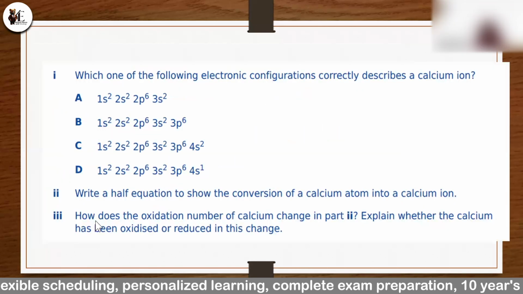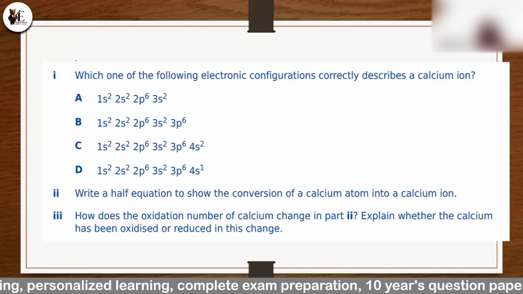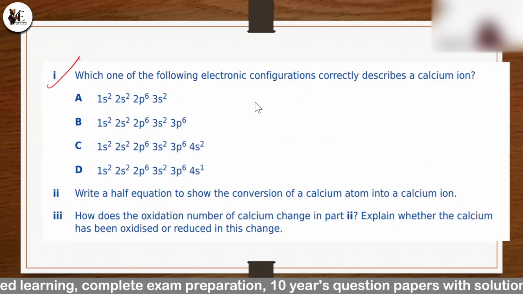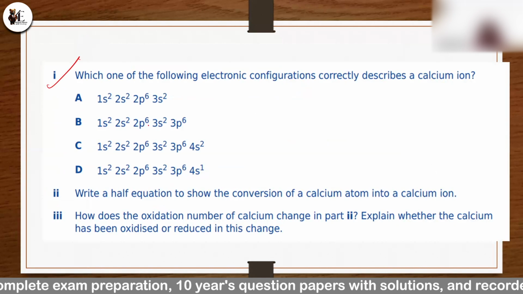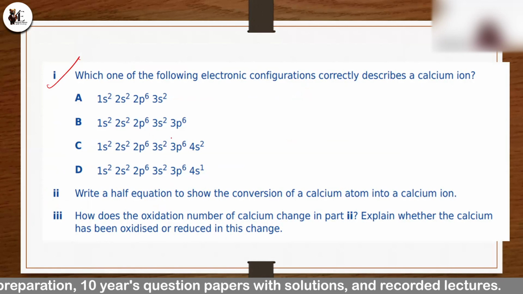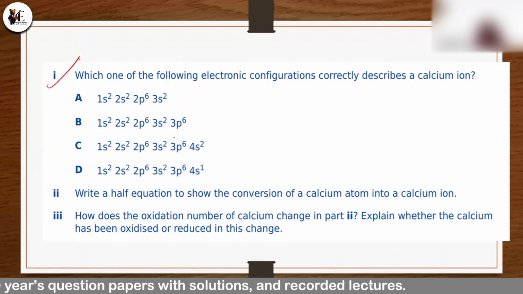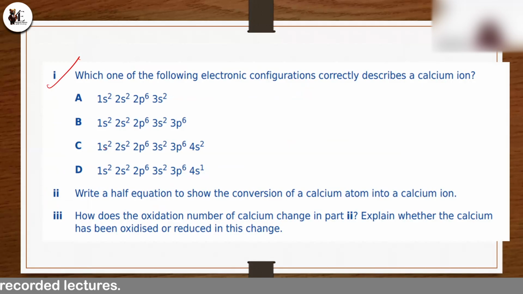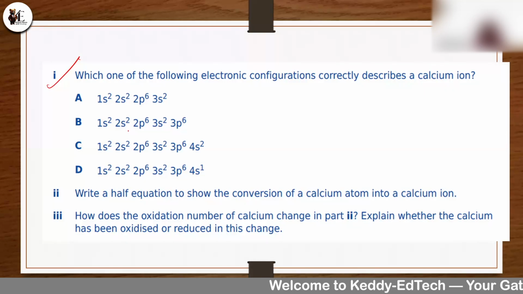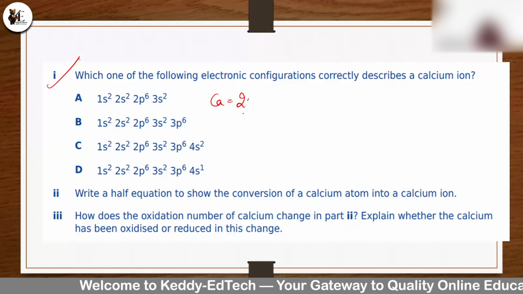So can you tell me what is the answer of this question number 1? Calcium atomic number is 20.